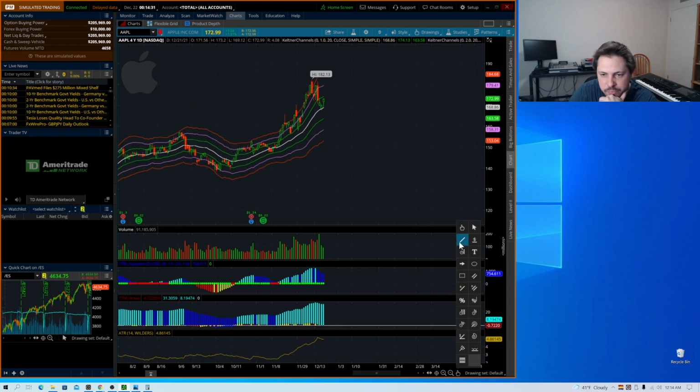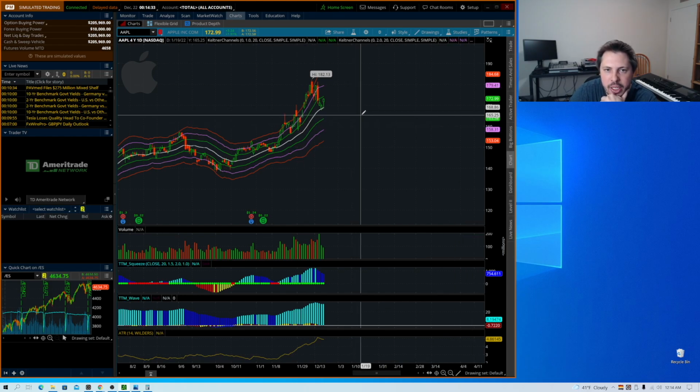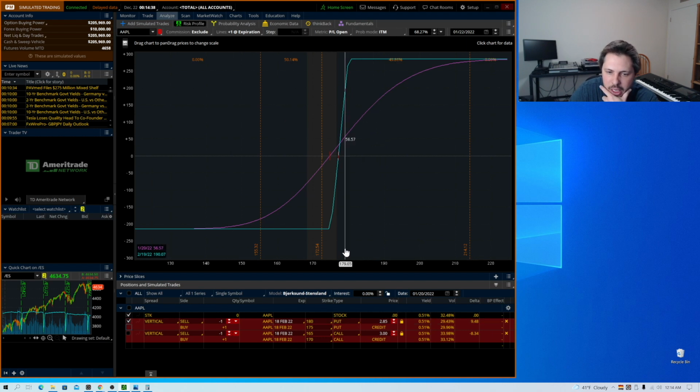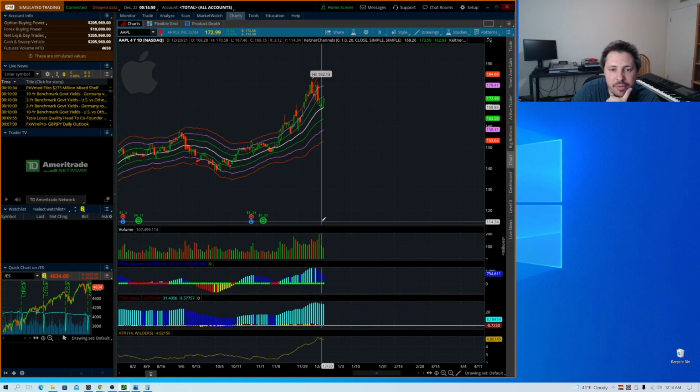So if we look at the example we did before, of this put credit spread where we sold the 180 put and we bought the 175 put for a $2.85 credit. So 180, 175.